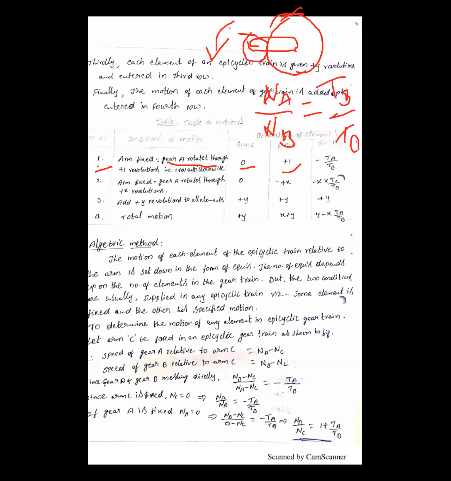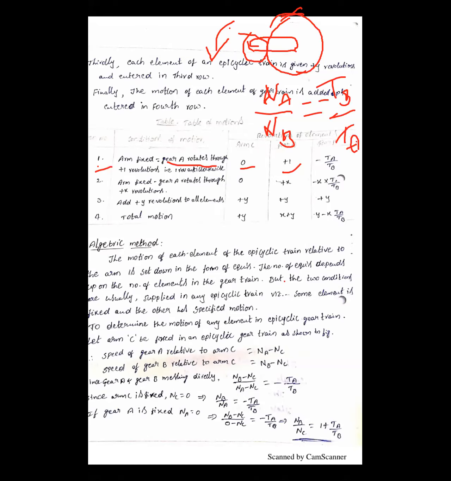But when gear wheel A makes plus 1 revolution, gear wheel B definitely turns in the clockwise direction. So we are giving the negative sign here, because external meshing gives the minus sign.